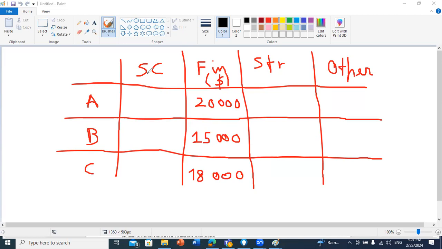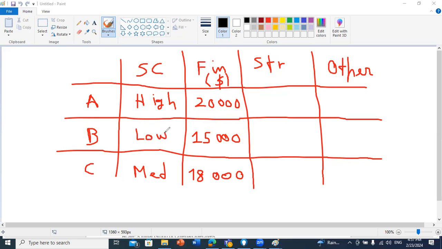So the answers for stakeholder commitment are as follows. The best commitment is for A, high commitment. Medium for B, and low for C.